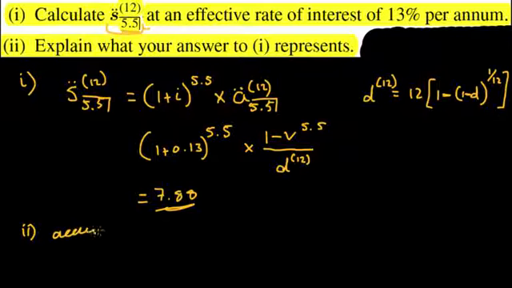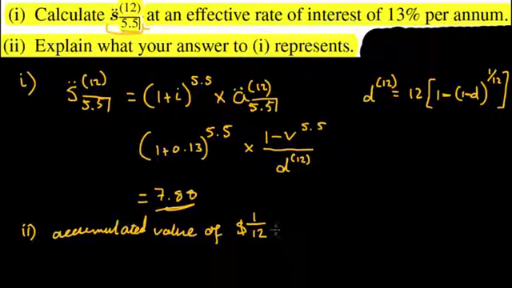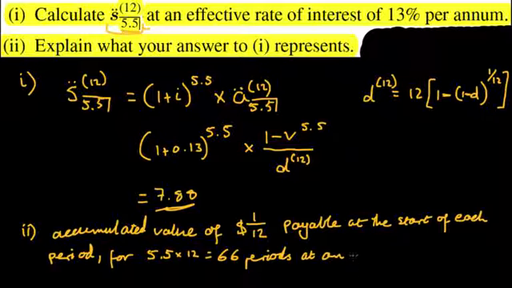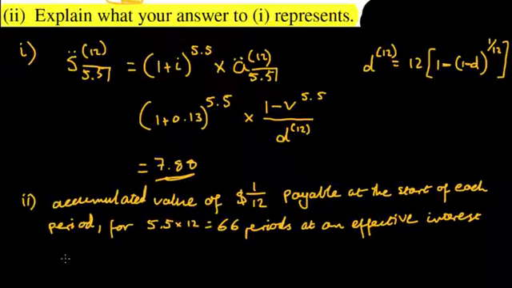So S is the accumulated value of, instead of it being $1 or £1, 1/12 of a dollar, dots, payable at the start of each period, or in advance, for 5.5 times 12 periods, which equals 66 payment periods, at an effective interest rate of 13% per annum.